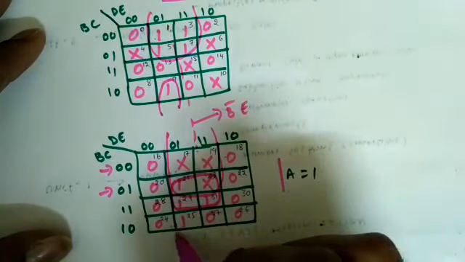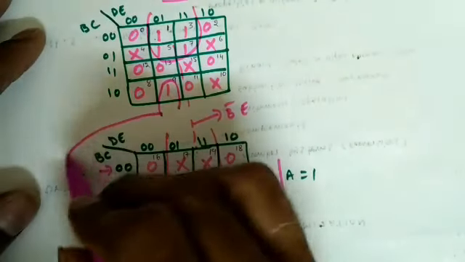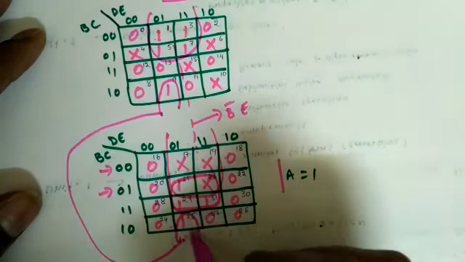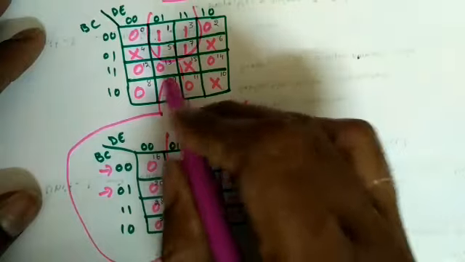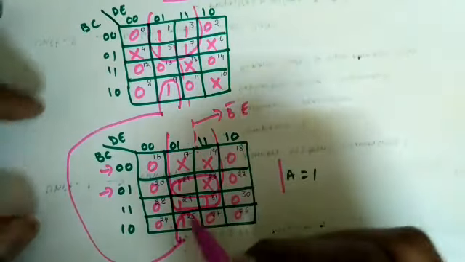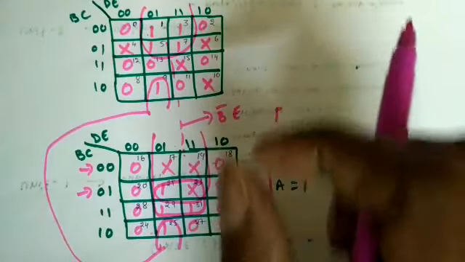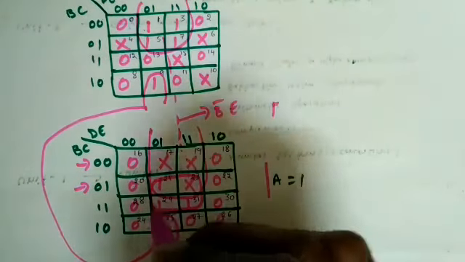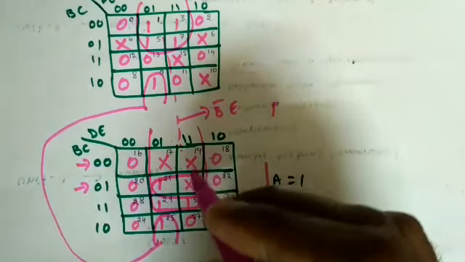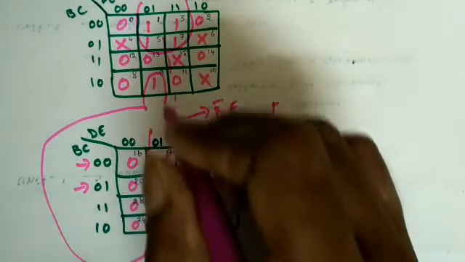I will make a pair like this, these two. Because if I make a pair in another way, I have to make one more pair, which will become redundant, right? We have to cover all ones with the least number of terms, that is, fewer quads or pairs. That is the reason I am making a pair like this.